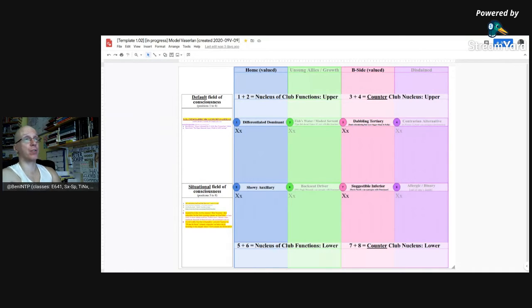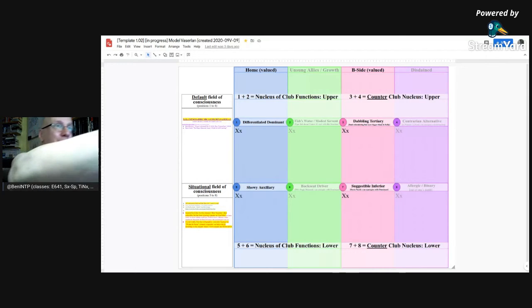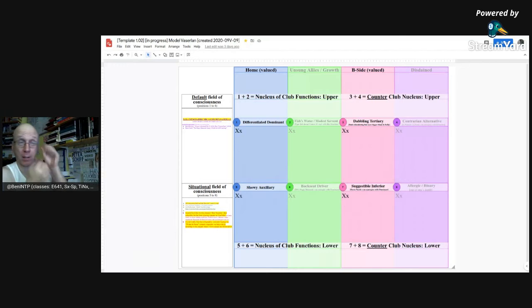So I've got those together. And you've got a broad pattern of decreasing strength as you go across, though not necessarily. Sometimes it's a little bit tricky as to what is stronger between the role function, the contrarian alternative, and the suggestible. It depends how often you're in that state. So there are a lot of sources coming together here.